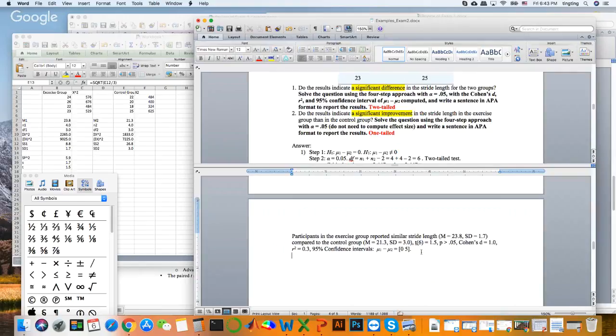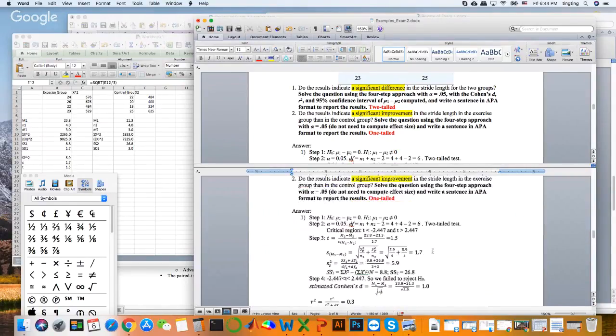And then similarly, let's start question 2. The only difference is question 2 is a one-tailed test. So we just need to revise a little bit.